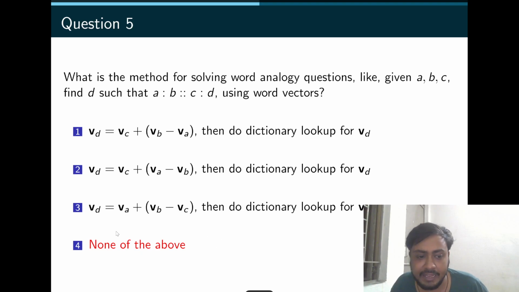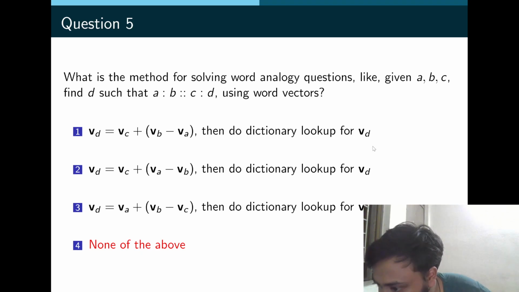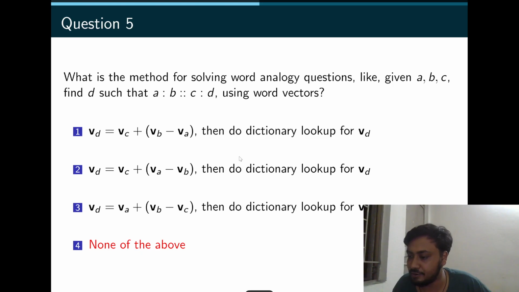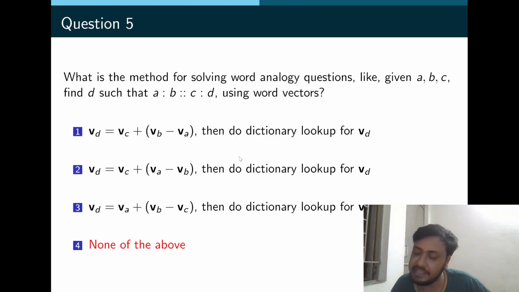This is sort of like a trick question. The idea of the question is not focusing on the formula but on the second part, that you cannot do a dictionary lookup, you need to do cosine similarity. Somebody said cosine similarity but said that we cannot apply the formula. That is not so. We have to apply the formula, then do cosine similarity.